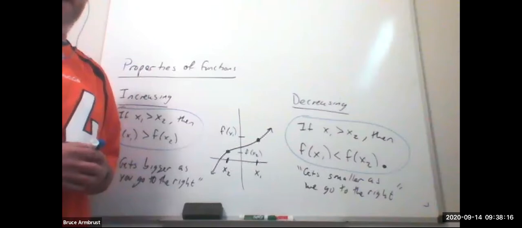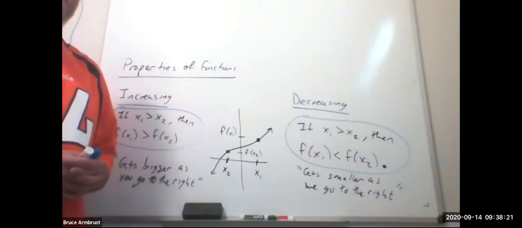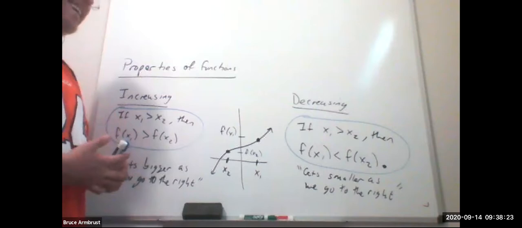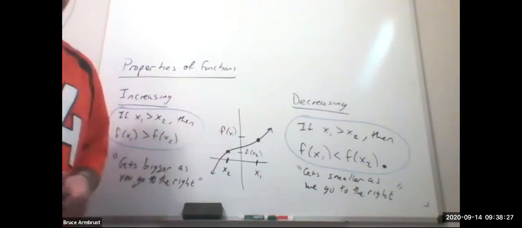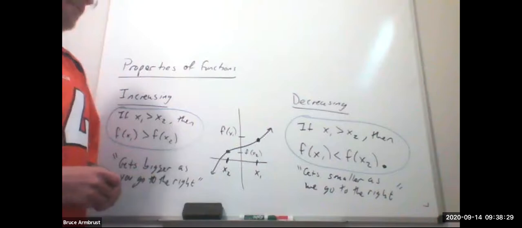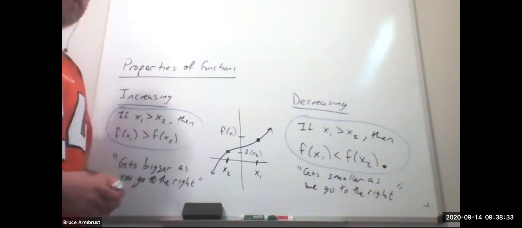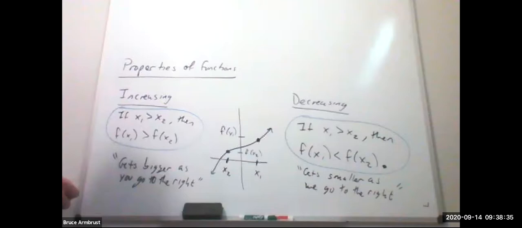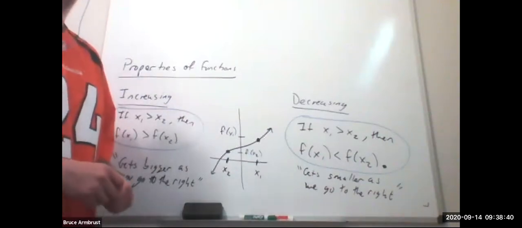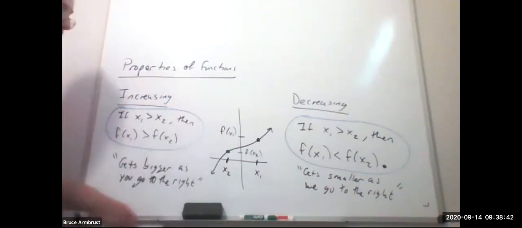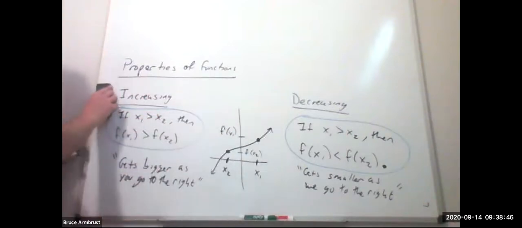You can have some that increase and then decrease. Right, so there are all kinds of different varieties. But this is what it means to be increasing and decreasing. And this will be a big deal for us in chapter 3, I think, maybe chapter 4. We'll talk a lot about how we can use calculus to figure out when functions are increasing or decreasing. Okay, so increasing and decreasing.